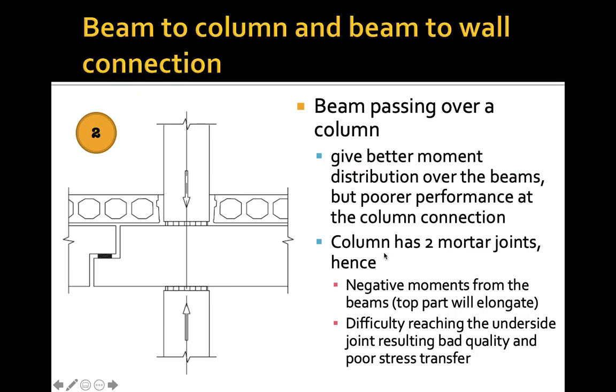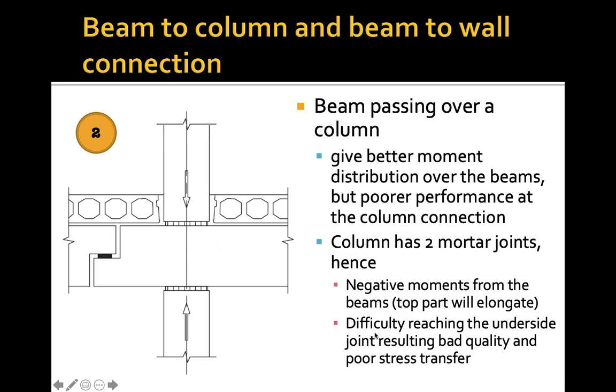As for this column, the column has two mortar joints. Therefore we are going to have negative moments from the beams that will also affect the column, whereas the top part will elongate. We know that when we have a continuous beam, at supports we are going to have negative bending moments.